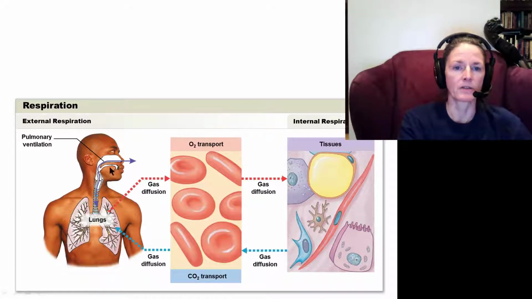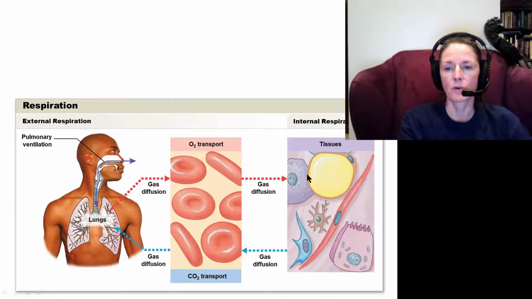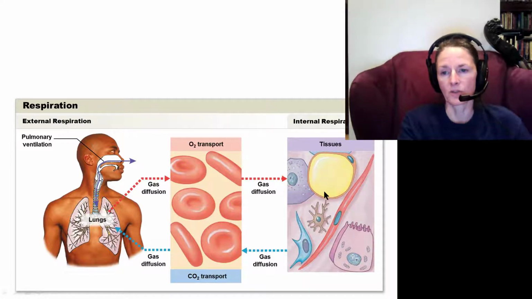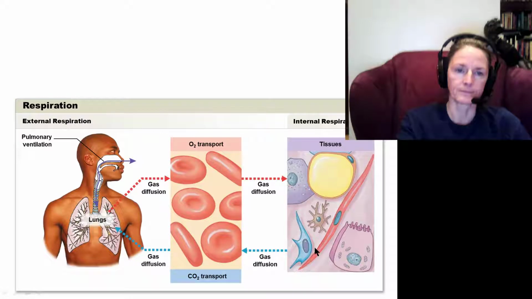So the pulmonary ventilation is bringing air into and out of the lungs. The external respiration is this exchange of gases from the outside with the interstitial fluids and vice versa. So we've got gases being off-gassed by the interstitial fluids that are brought through the circulatory system. And of course, then we have the gas diffusion, internal respiration, from those interstitial fluids into the cells that then use them.